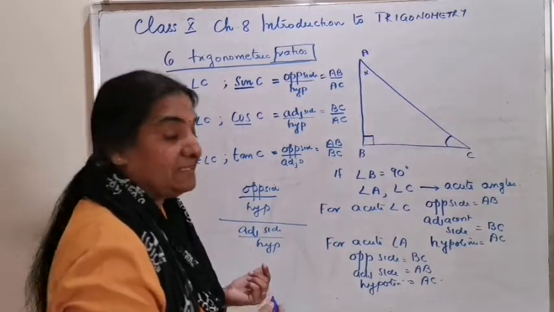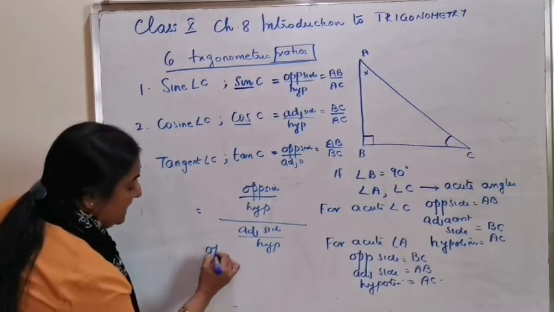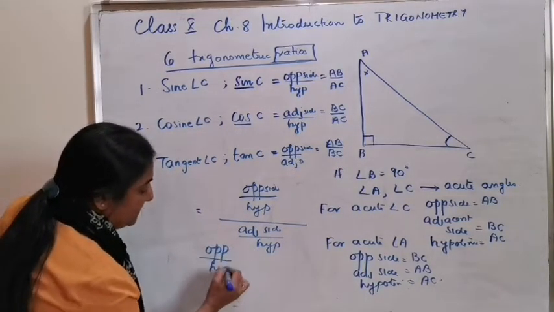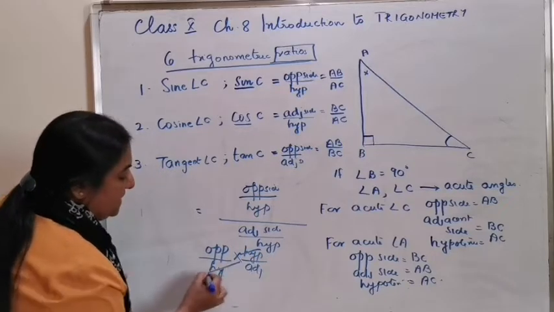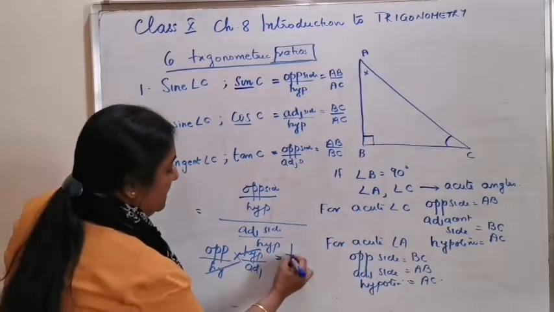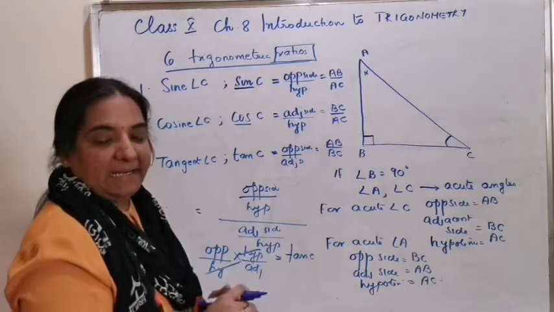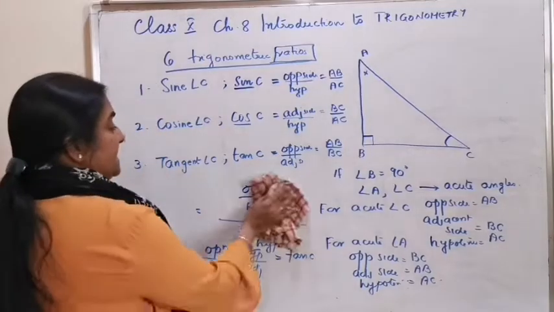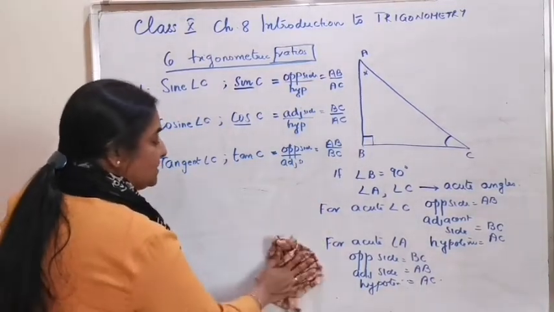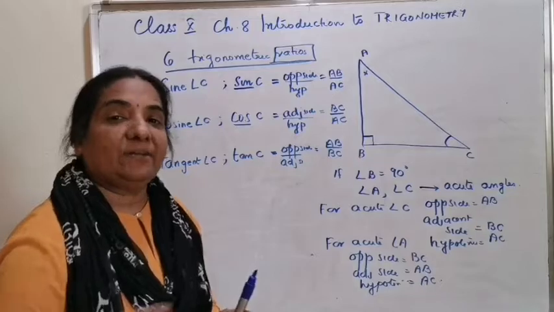It must have happened like opposite side by hypotenuse into hypotenuse by adjacent side, which gives you the ratio of tan. So what is the relation between sine of an angle, cos of an angle and tan of an angle?